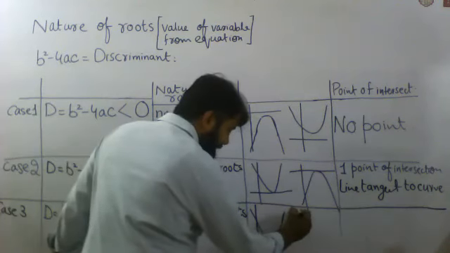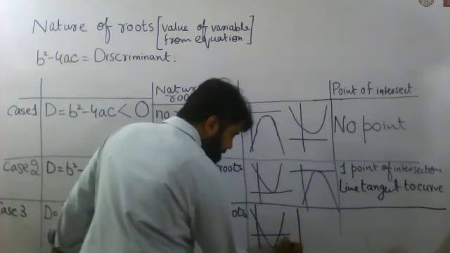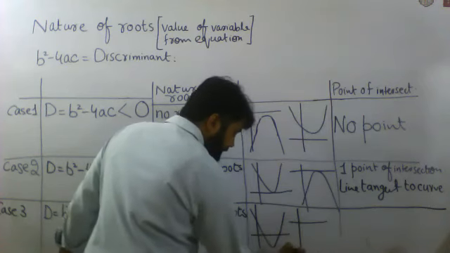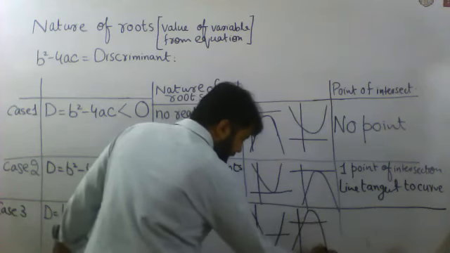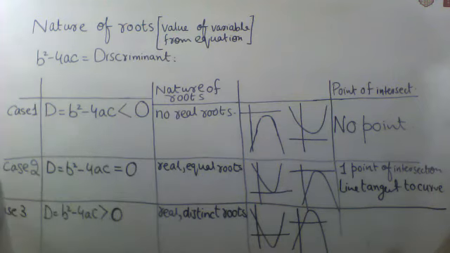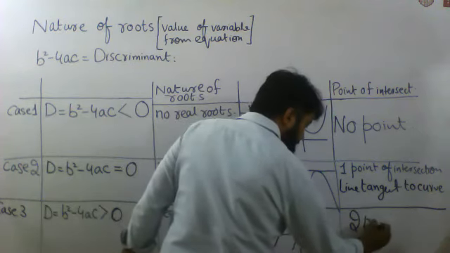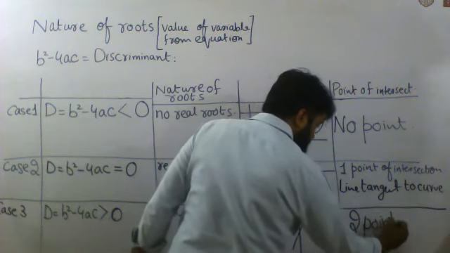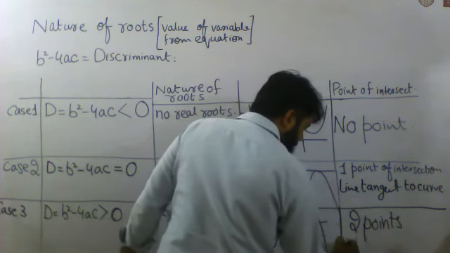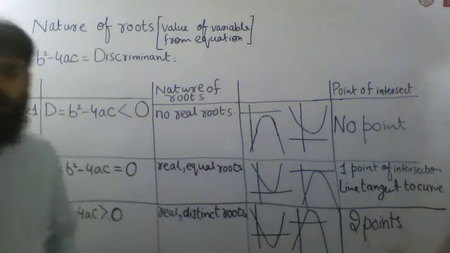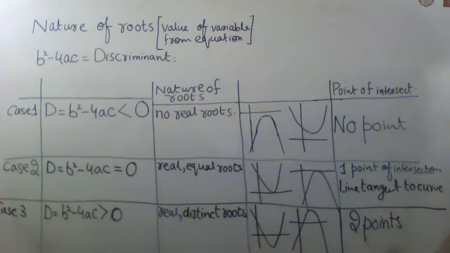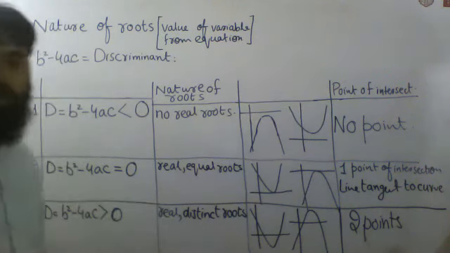Either in this form or in this form, right? And we will have 2 points of intersection in this given scenario.